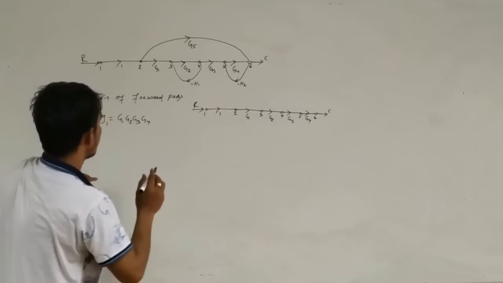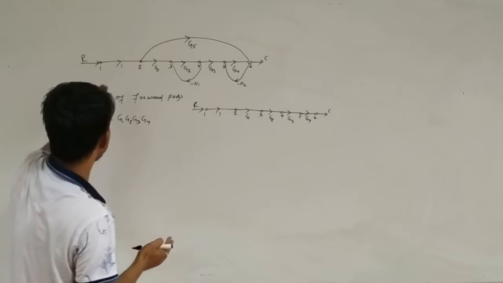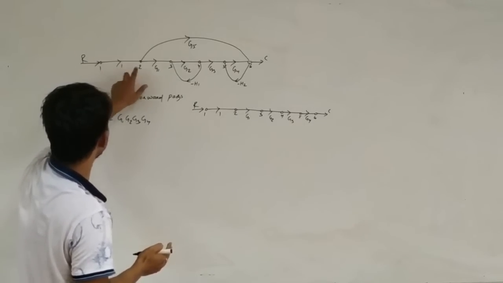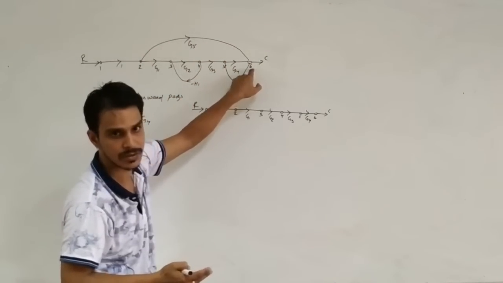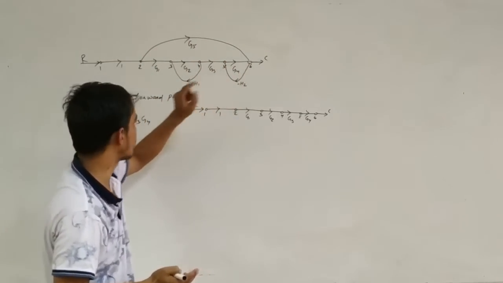Similarly, are there any other forward paths? See, node 1 to 2, then through this path directly to node 6, this is G5. This can be a forward path.